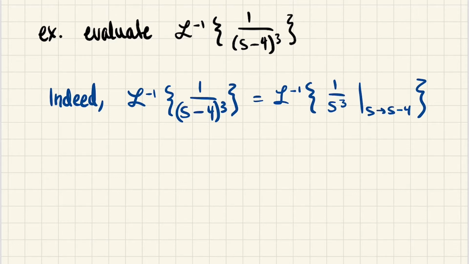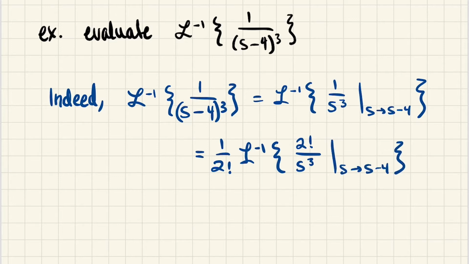Well, we know that this is the form n factorial over s to the n plus 1 with n equal 2. So we do need a 2 factorial in the numerator. So we'll quickly balance this by writing 1 over 2 factorial here. And then now we have a 2 factorial in the numerator as desired. Okay, now if we kind of unwrap this using the first translation theorem, we would get 1 over 2 factorial and then e to the 4t multiplied by the inverse Laplace transform of simply 2 factorial over s cubed.